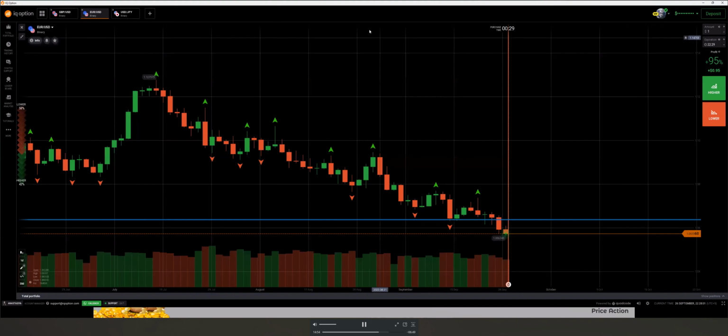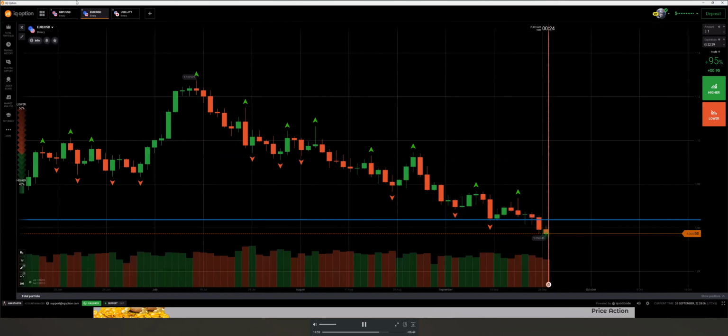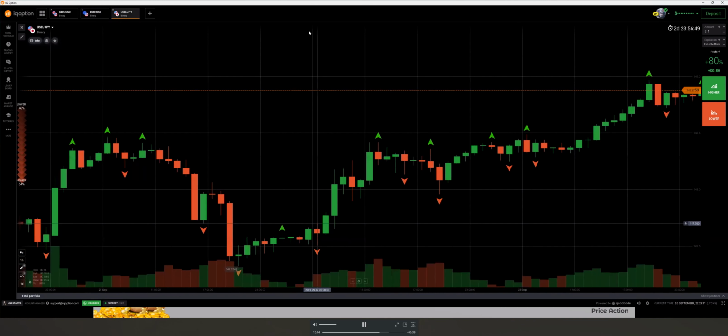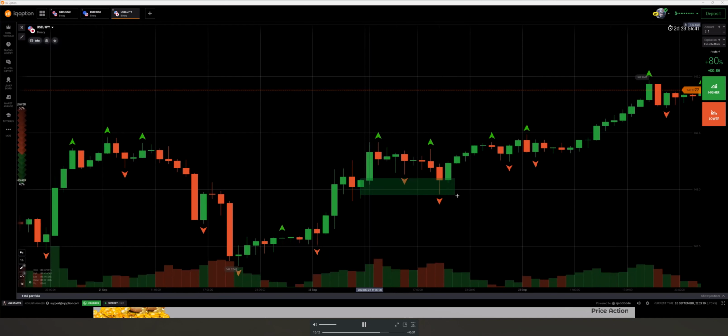Mostly these patterns you will find in a trend. See here, if we go for the time frame, this is a pattern, right? We will draw the demand, and you can see here there's a demand. It's a zigzag demand, and the pattern is created inside.